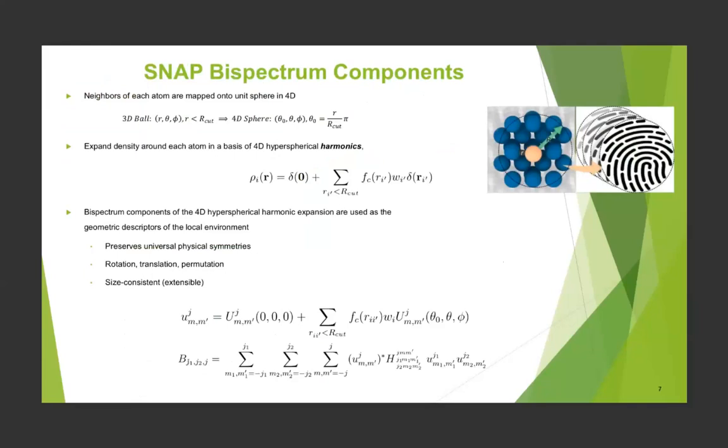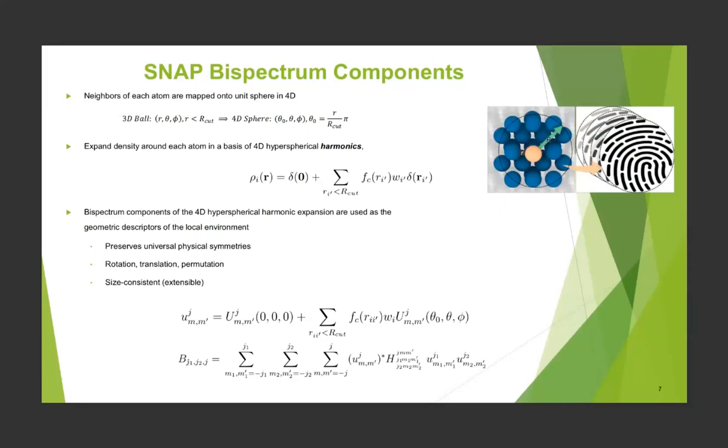So we're looking for fingerprints of the positions of all the neighbor atoms within that cutoff distance, essentially trying to describe and characterize the shape of the local atomic environment. One trick we use, borrowed from GAP, is to take the 3D positions of neighbor atoms, represented by the green arrow there in the picture, and transform it from a radial distance and 2 angles to a set of 3 angles.